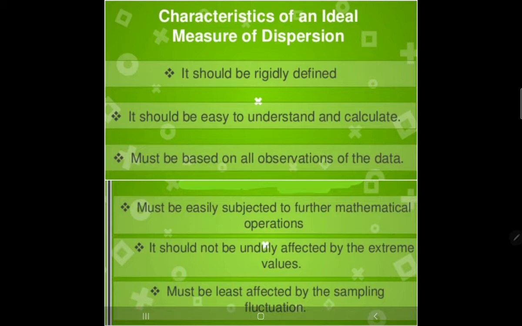And what are the ideal characteristics of a measure of dispersion? It should be rigidly defined. It should be easy to understand and calculate, and must be based on all observations, like central tendency. Measure of central tendency is also based on all observations except mode, and measures of dispersion should be based on all observations.